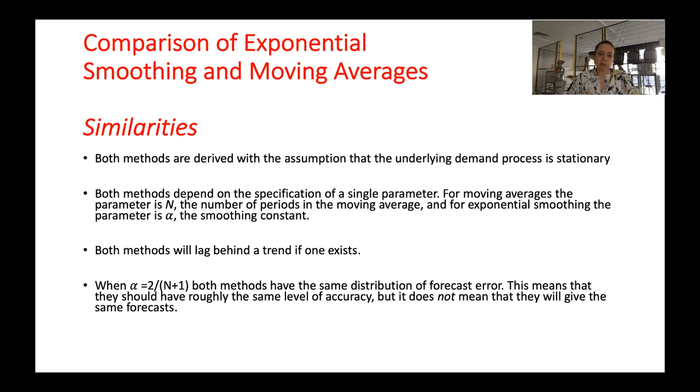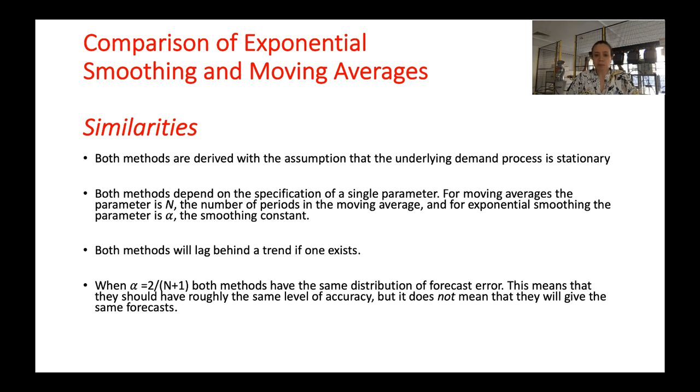As I mentioned before, if we decrease the value of n, it means that we give more importance to recent observations. If we increase the value of n, it means that we also give importance to the past data. And in the exponential smoothing method, if we increase the value of alpha, we give more importance to the recent data, whereas if we decrease it, we also give importance to the past data.